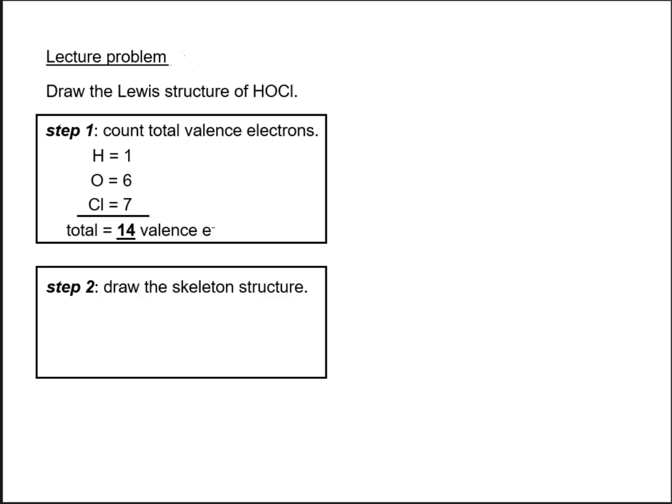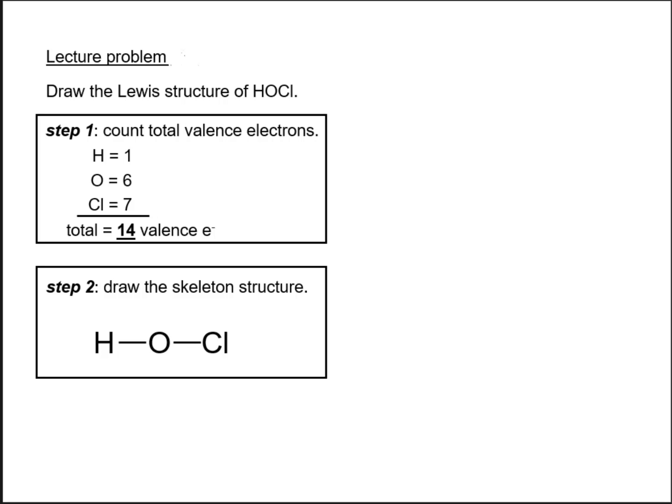Now step 2, you want to draw the skeleton structure for this molecule. Like the simplest way hydrogen, oxygen, chlorine could be connected. So in order to make this a molecule, hydrogen, oxygen, and chlorine need to be bonded. So I use these single lines to connect hydrogen to oxygen and oxygen to chlorine.